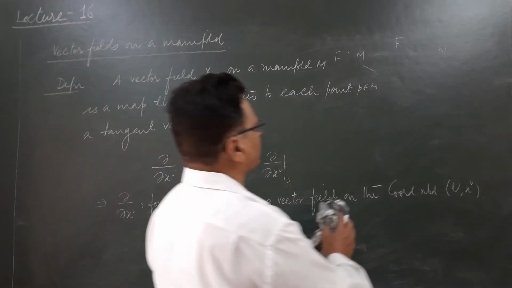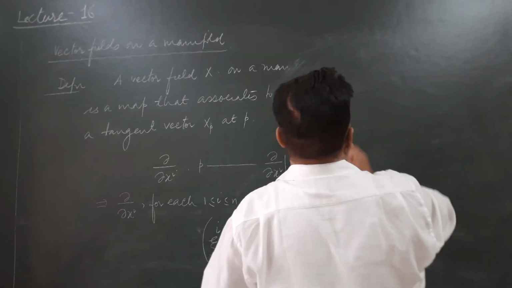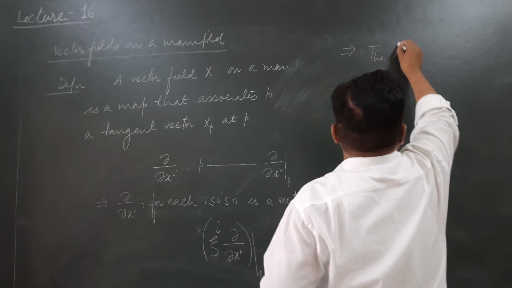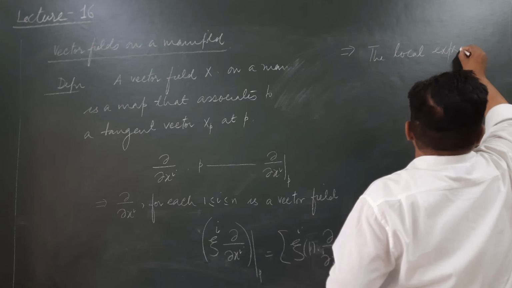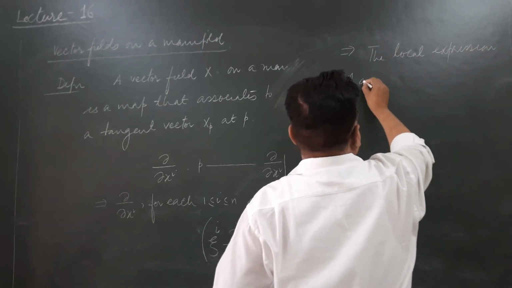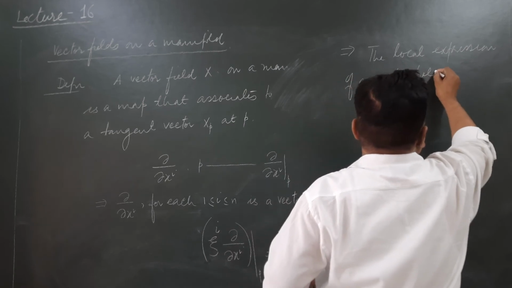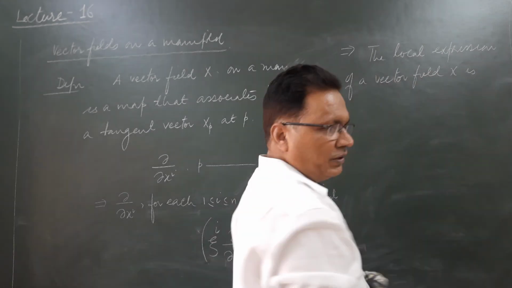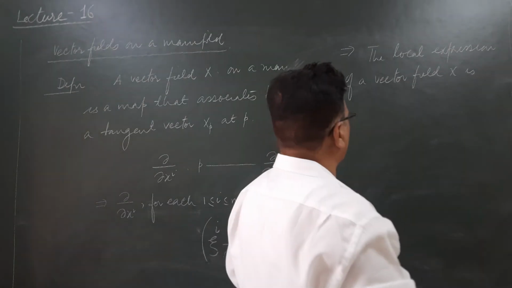Hence the local expression. What you notice from the above discussion is that the local expression of a vector field X, when I say local expression, I mean the expression which is valid only on a coordinate neighborhood U, x^i.